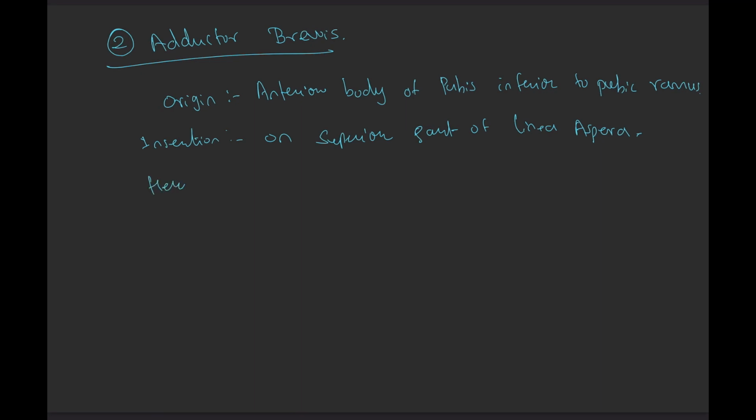On this muscle, the obturator nerve splits into anterior and posterior divisions.